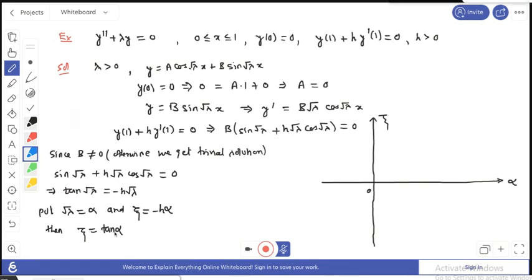Here tan alpha, at different points: this is 0, here pi by 2, where tan pi by 2 is infinite, so this line, and here this is pi, suppose this is 3 pi by 2, and this is 2 pi, and so on.